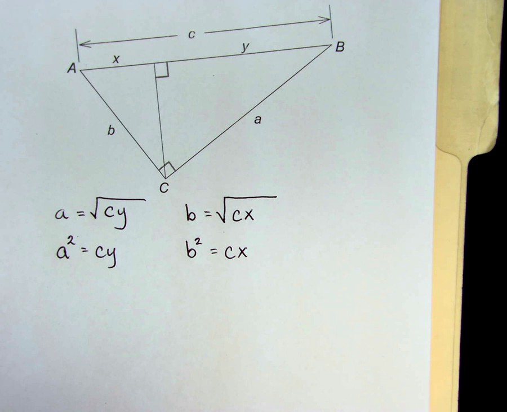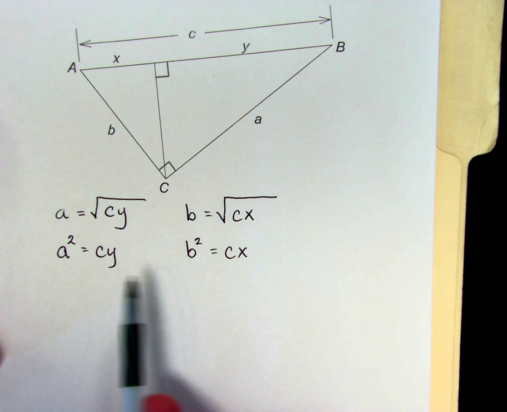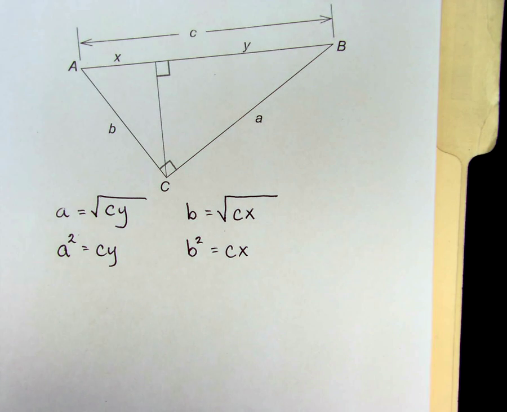What I'm going to do next is add those two equations together. So in other words, I'm going to add their left sides, add their right sides. I can do that because I'm adding the same thing to both sides of our equation.